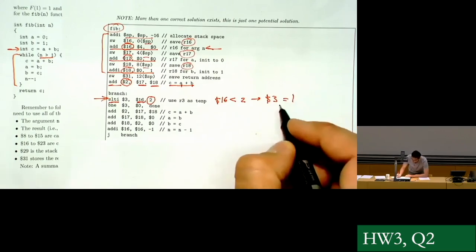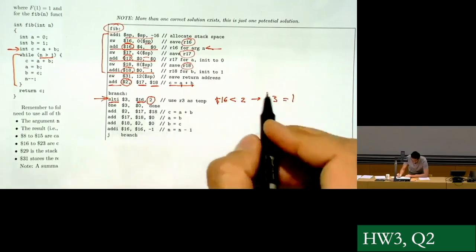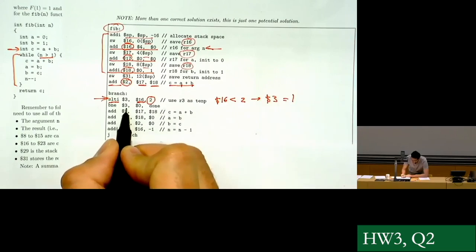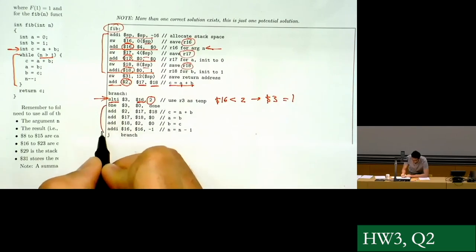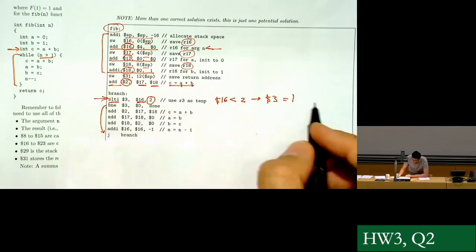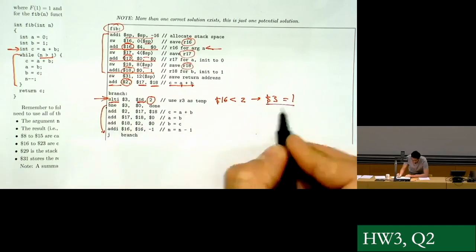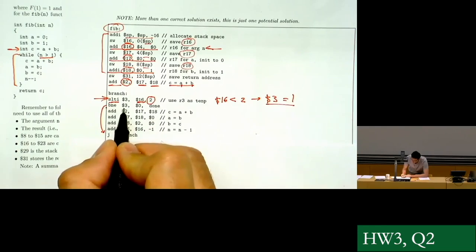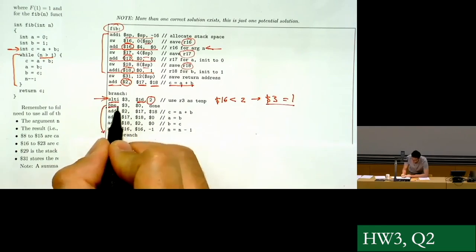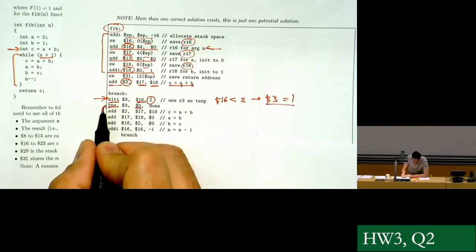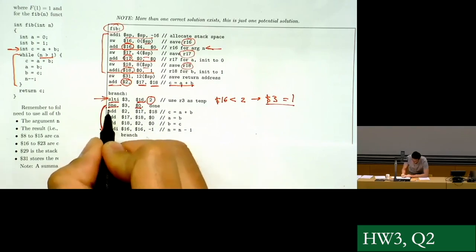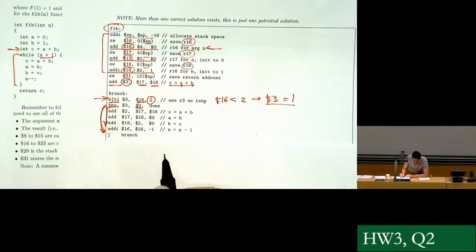Observe that if it's equal to 1, it won't branch. So if this is equal to 1, it's not equal to 0, so we won't take this branch and it will go to the loop body.